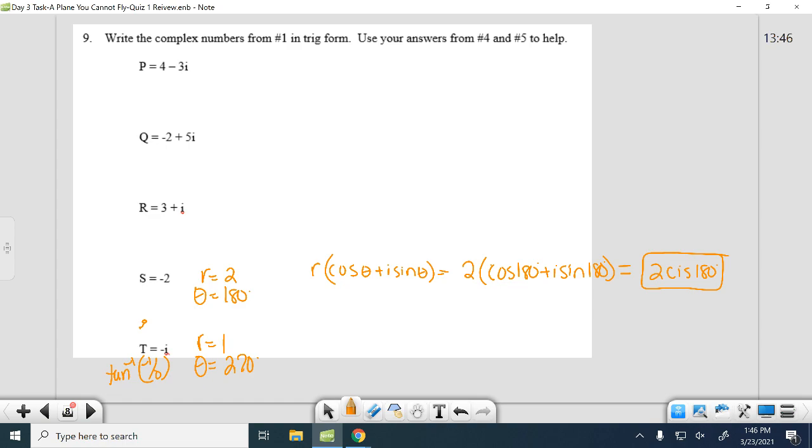So our point T, in complex form negative i, converts to r multiplied by cosine of 270 plus i sine of 270, which turns out to be very simply, not 1, my goodness, 1, you could put it there if you want to, cis 270. Again, you don't have to have that 1 in the front. Don't have to at all.